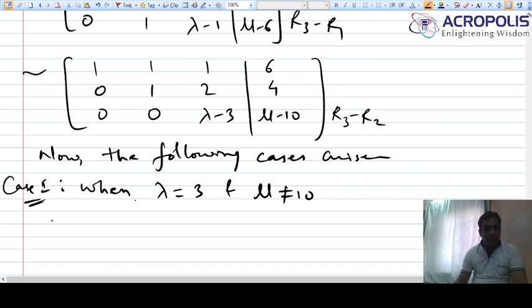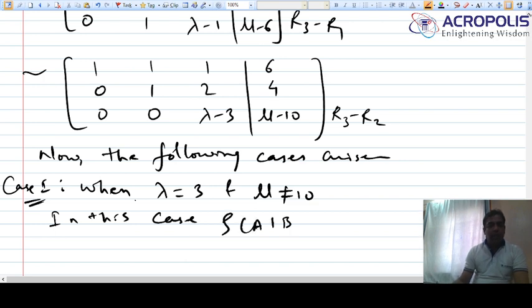In that case, rank of AB will be 3. As we can see here, if mu is not equal to 10, then some non-zero value will be present here, and if lambda is equal to 3, then this term will be 0. Fine. So in that case, rank of AB will be 3.